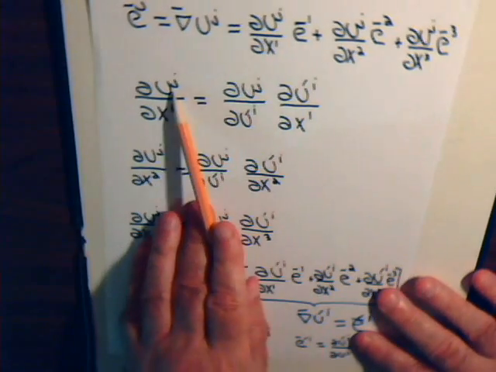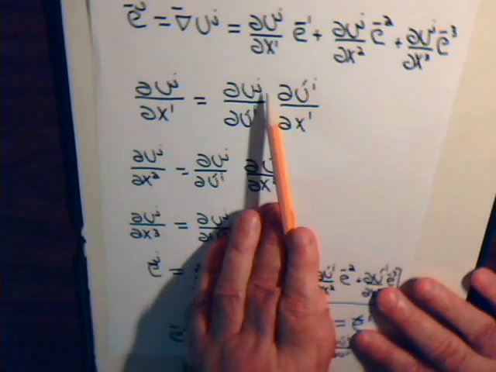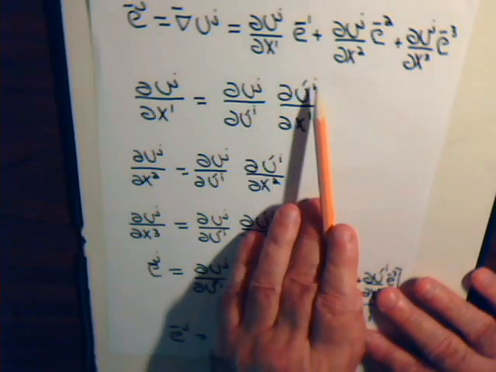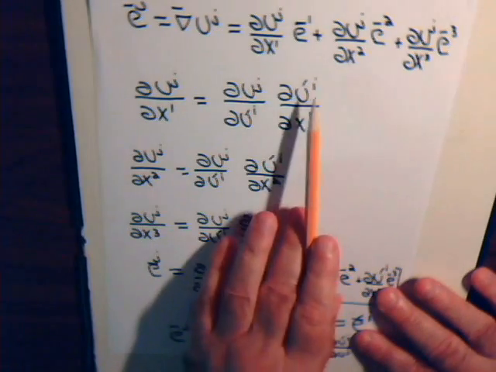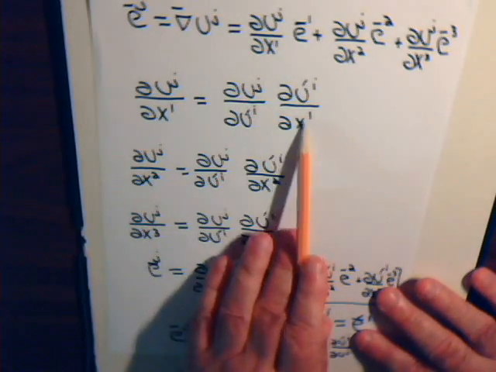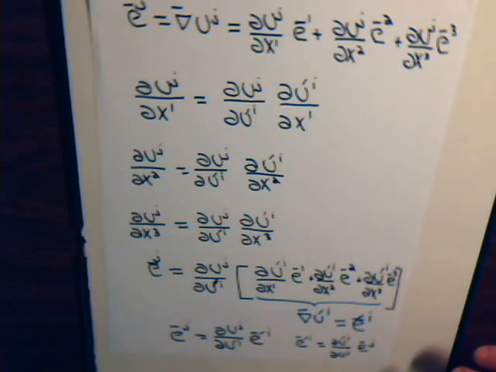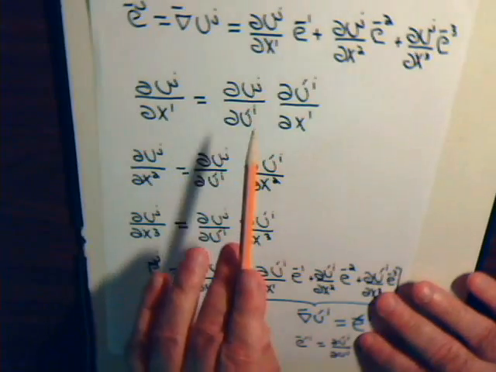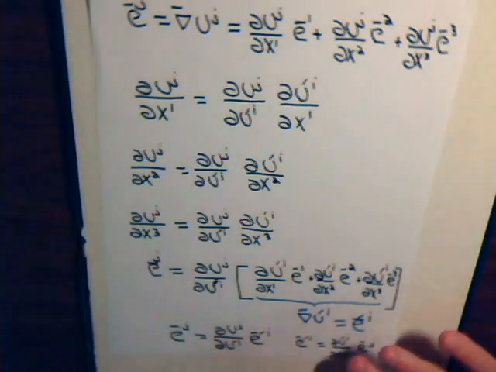The partial of uj, for example, with respect to x1 would be the partial of uj with respect to u prime i, and the partial of u prime i with respect to x1. By looking at this chain rule wise, these would just cancel out, and we would have the partial of uj with respect to x1. And again, we know the transformation equations, how to transform from the unprimed to the primed system, so we can take these partial derivatives.